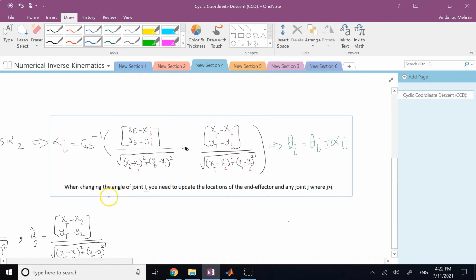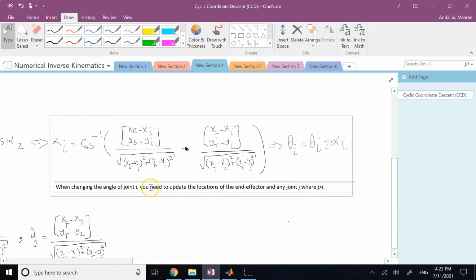Well, when I give you the set of all current angles, how would you find them? Using forward kinematics, right? Forward kinematics not only gives you the position of the end effector, it can also give you the position of any point on the robot. So if you want, I can add that as well here: the location of the end effector and joint I.